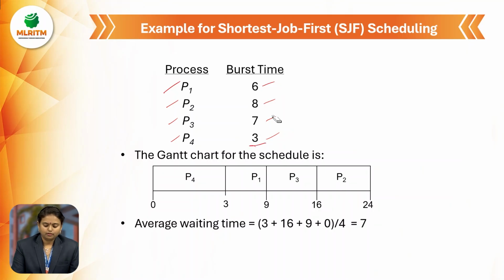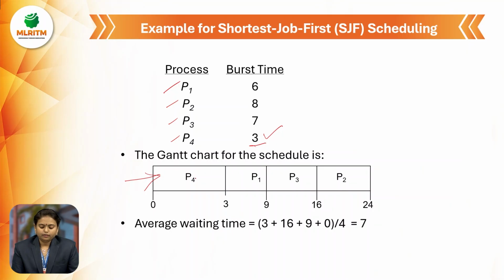Yes. So you need to select shortest job first, which means the process having less burst time needs to enter into the CPU first. So P4 will enter into the CPU.